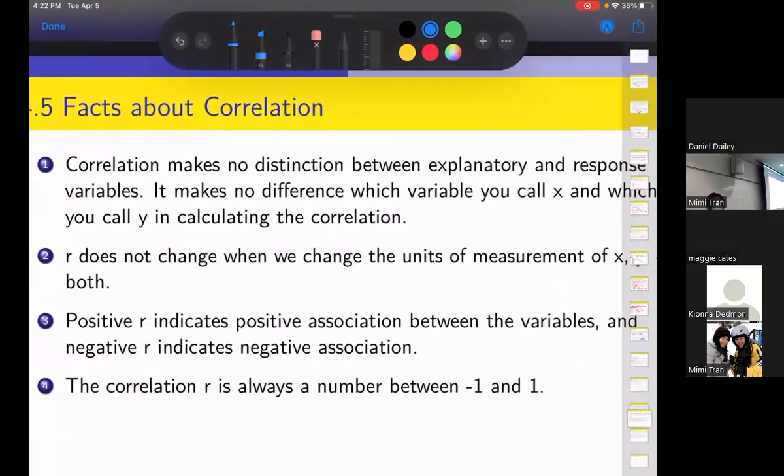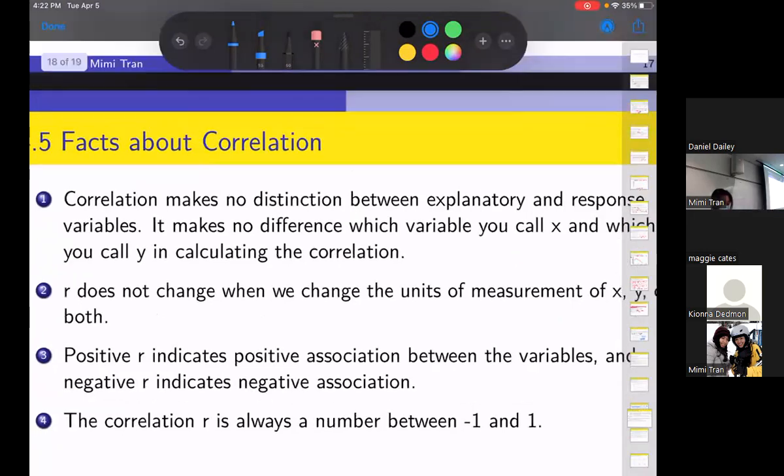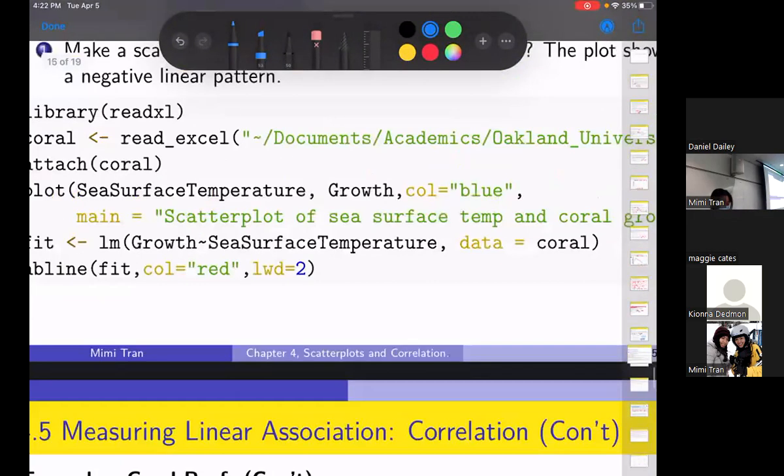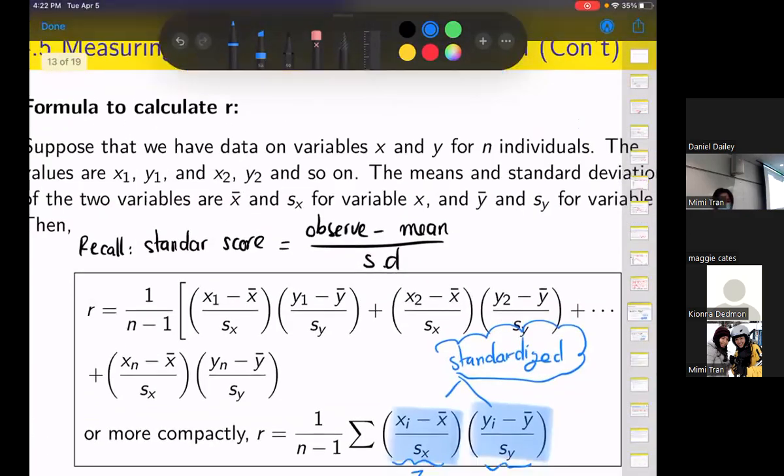Someone tell me why. You've done this before. I'll show you a little hint. Something to do with this formula. It always comes back to the formula. That's how you get R. Why, when I change the units, does it not change R?